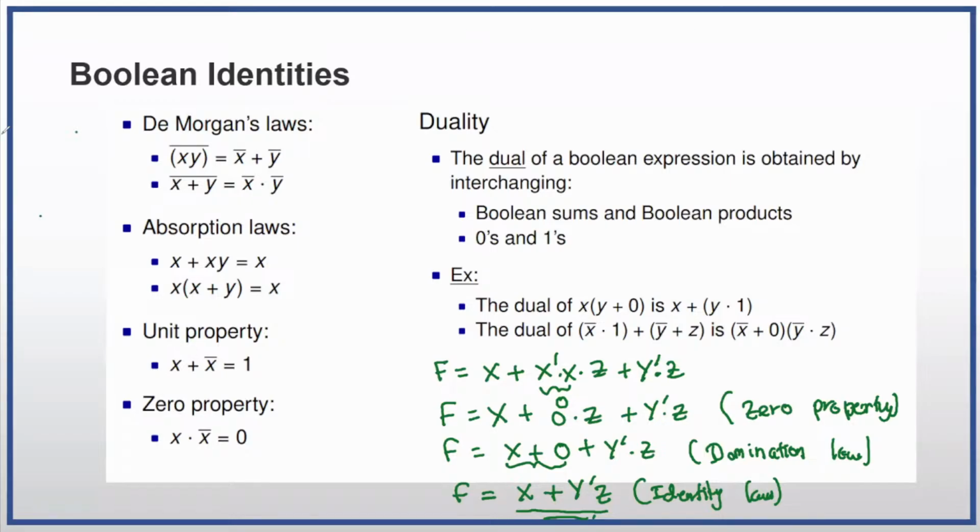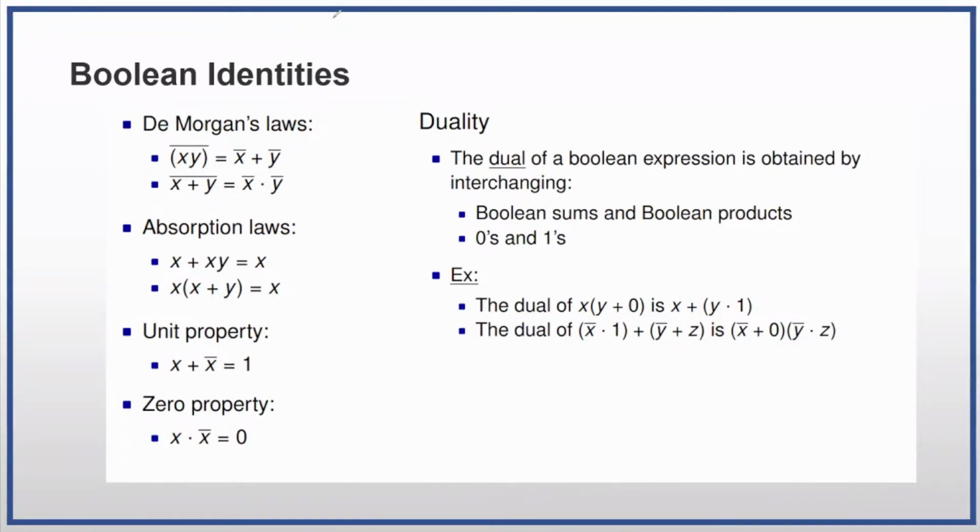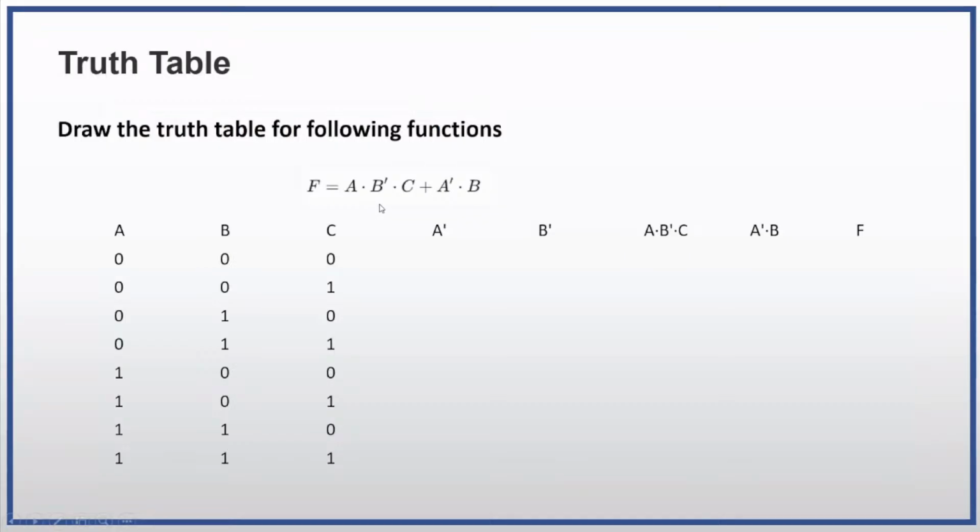Okay. So I think now you can understand this part, and let's move on to the next one. So this is how we can do the truth table.